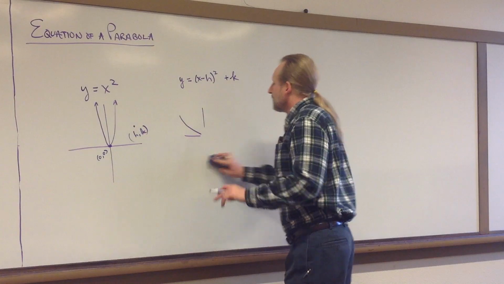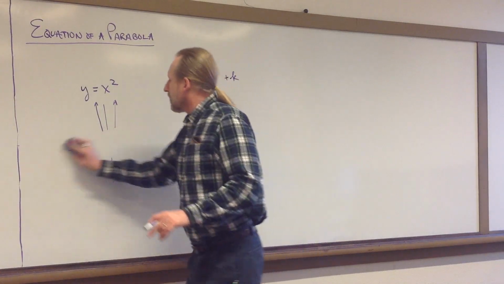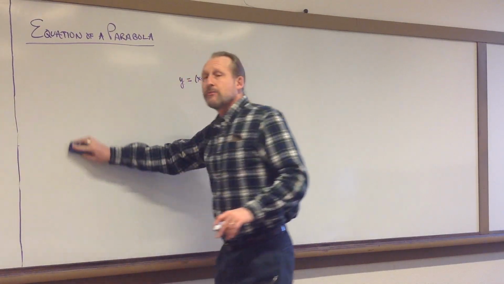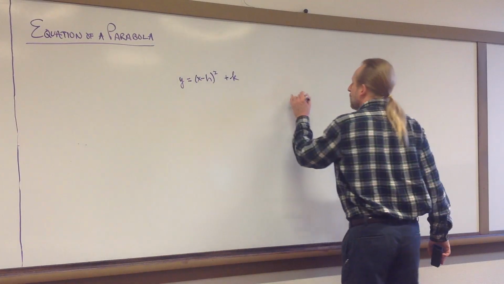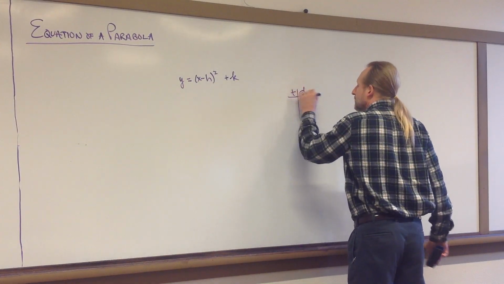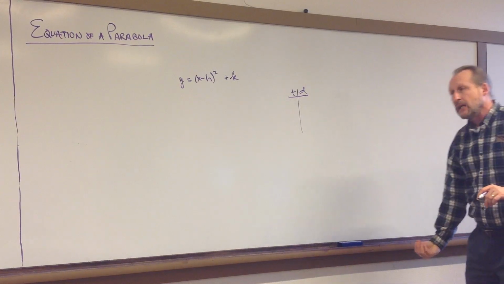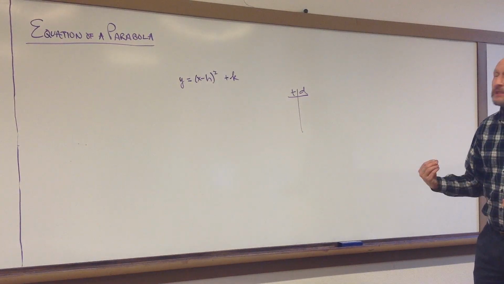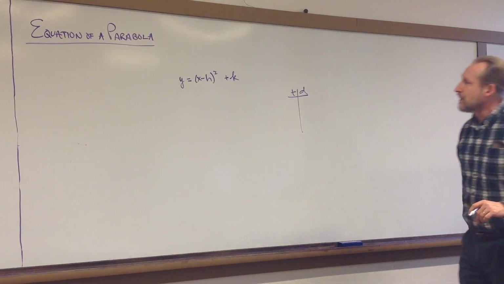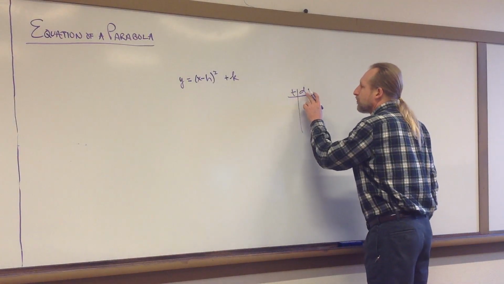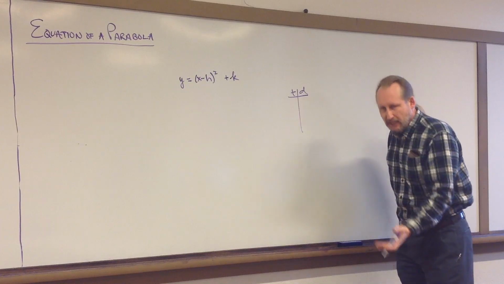And the parabola is really useful. There are a lot of quantities that have parabolic relationships. My favorite one is time versus distance. When you drop something, right, acceleration due to gravity is a quadratic relationship. It's not a linear relationship. It's not proportional to the number of seconds it's been falling.